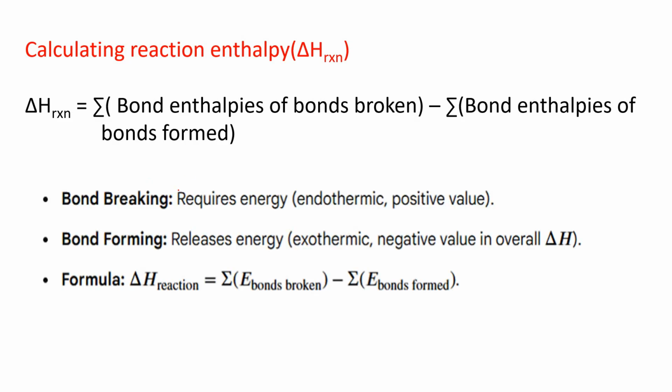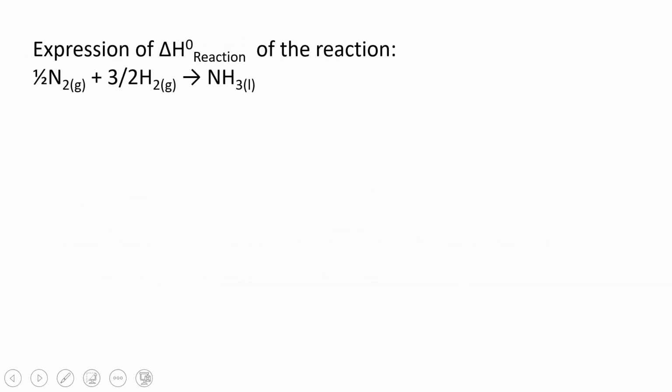Now, bond breaking, already I told you, requires energy. So it is endothermic and its value is definitely positive, right? And bond forming is exothermic, where energy is released. So the formula of this enthalpy of reaction is the summation of the bond enthalpy of the bonds broken minus the bond enthalpy of bonds formed.